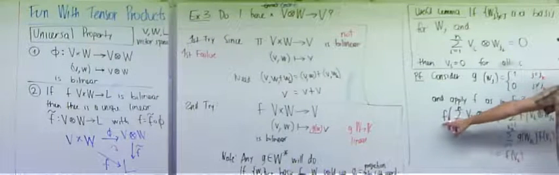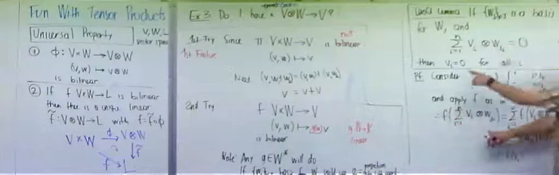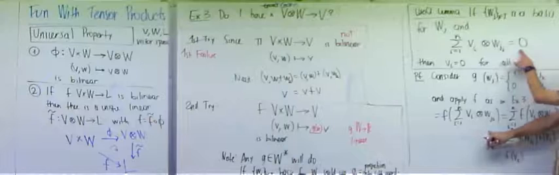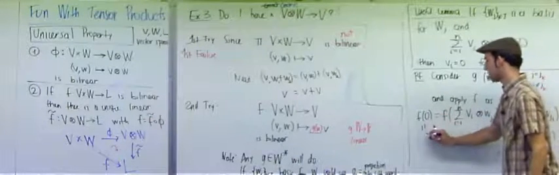But what is this? This is f of 0. And what is f of 0? Well, f is a linear function, so f of 0 has to be 0.